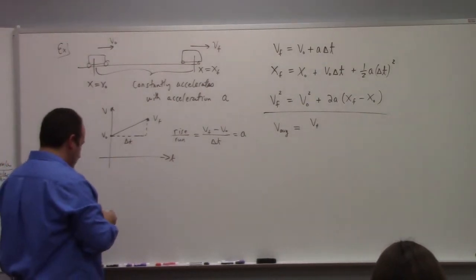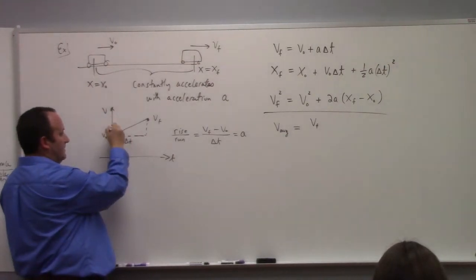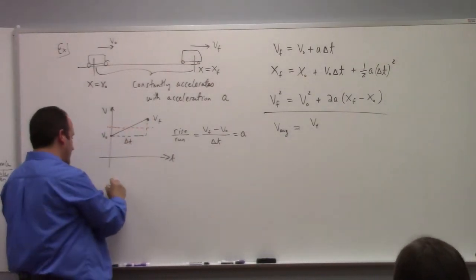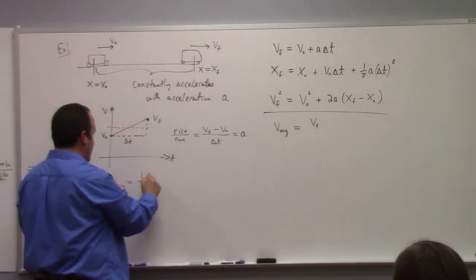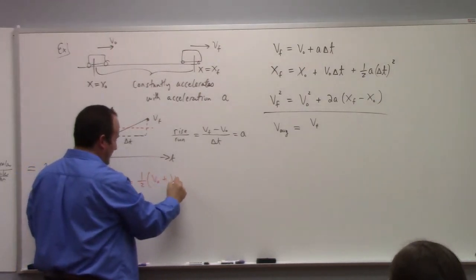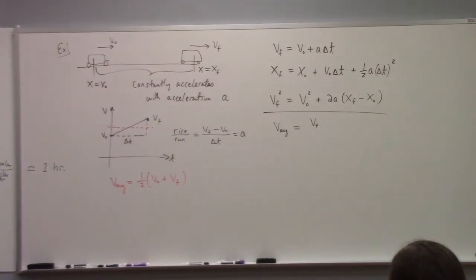But in this picture, you can sort of see what the average velocity is as well. It's like right here. So the average velocity is equal to 1/2 of the initial velocity plus the final velocity. This is also true. Yes, sir. Would that acceleration be average acceleration technically? We're constant acceleration, so the average is the acceleration.